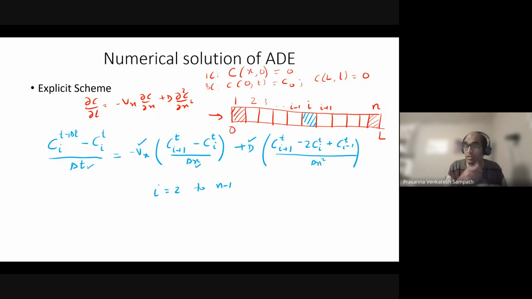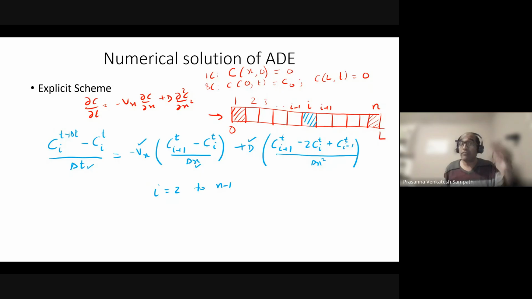So every time I go from one time step to the next, I have to solve n minus 2 equations, and these are simple algebraic equations. The right hand side can be computed from the values from the previous time step. Everything on the right hand side is known using values from the previous time step. And then on the left hand side, I have only one unknown, one equation.